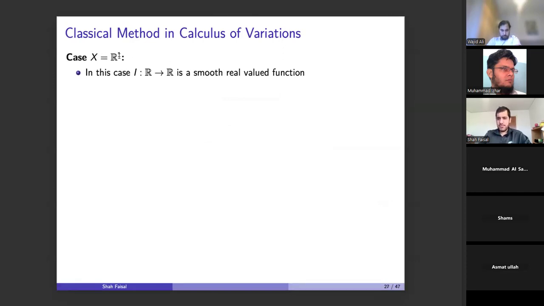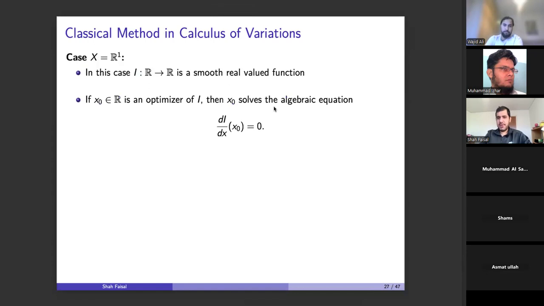Let's restrict to a very simple case, okay? Take X to be the real numbers, and now the function is just a function from R to R, which is smooth, and you want to minimize it, okay? How do you do that? I mean, you have learned this already in calculus. Well, if you want to find the minimizers, compute where the first derivative vanishes.